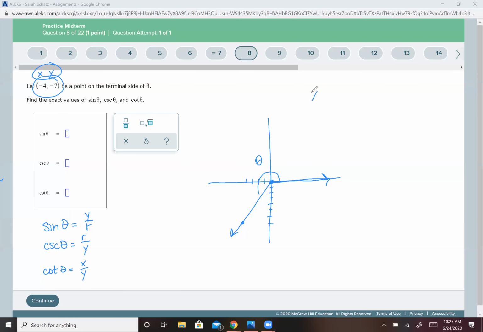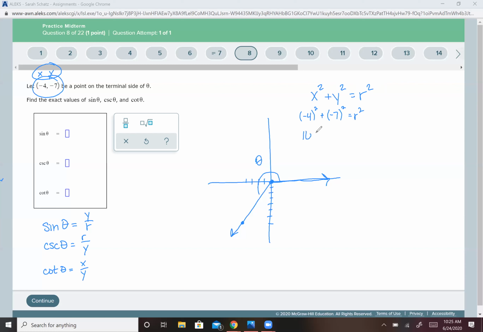So remember always that x squared plus y squared equals r squared. If I already have x and y, I can easily solve for r. So let's do that. My x is -4, and my y is -7. When you square negatives, remember that they go positive.